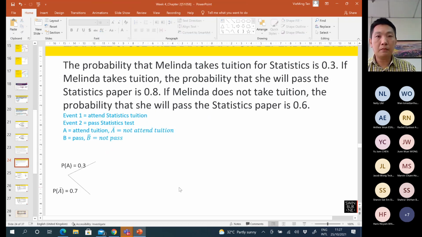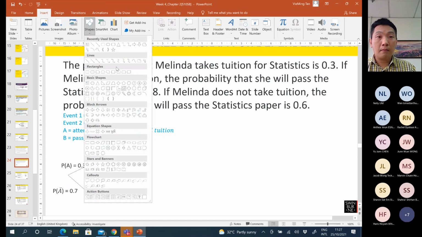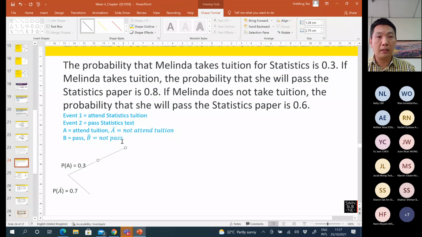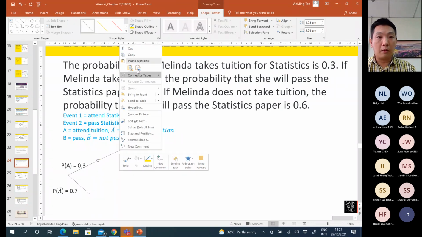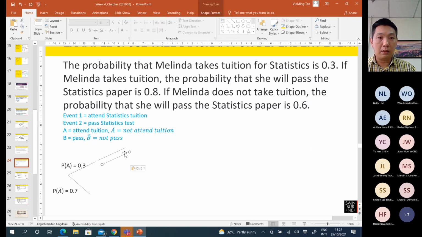So from this information, we can try to draw the branches for the second event. So I draw first. All right. A few more lines. So this is black color. I copy this and put here.